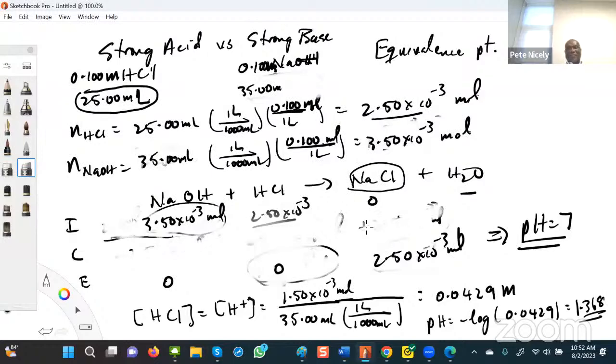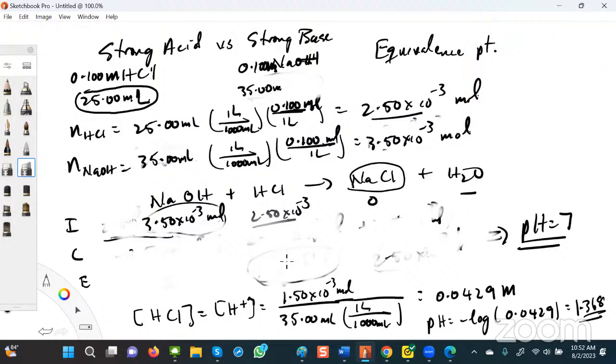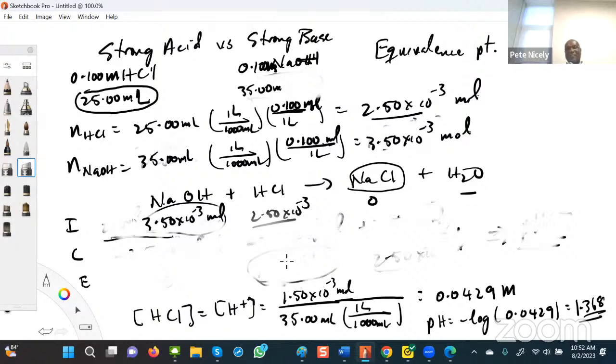Will it be the sodium hydroxide or the hydrochloric acid? The hydrochloric acid. Exactly. This is looking kind of messy, but I'll try to work with this. So you're right, hydrochloric acid, so all of it will be used up.